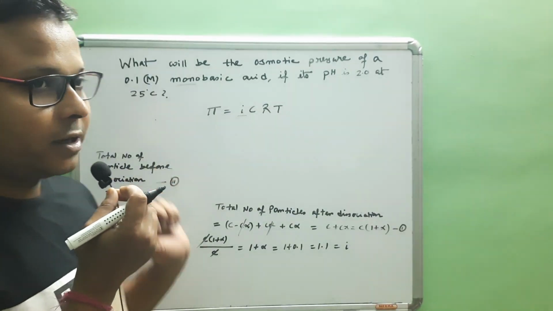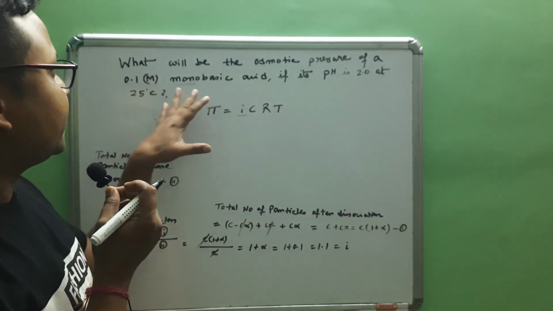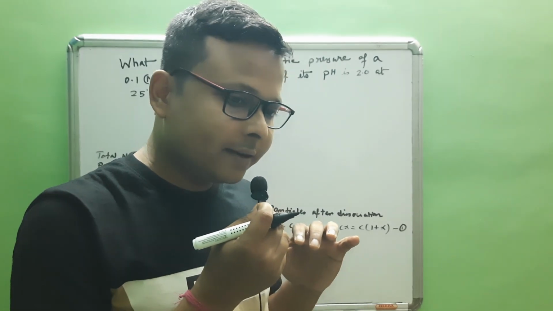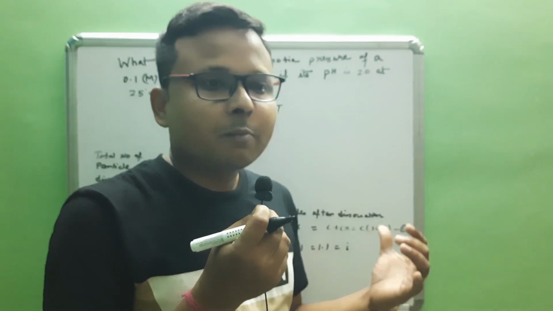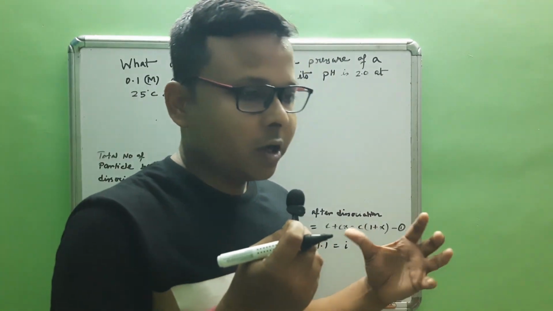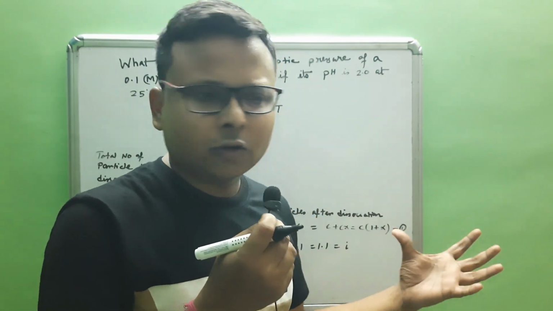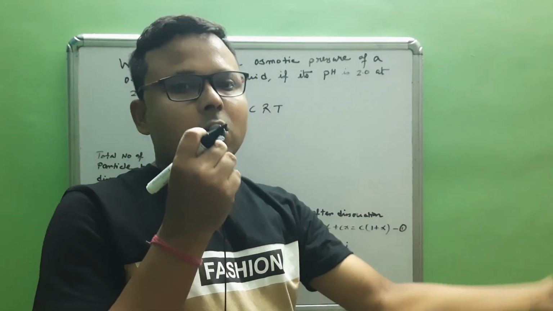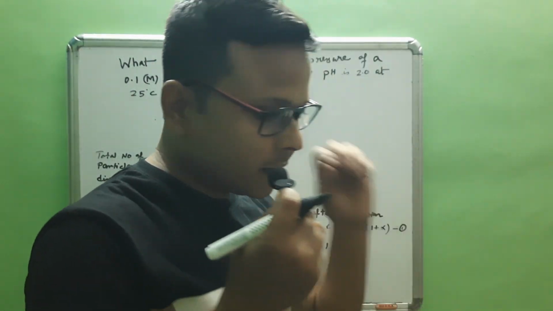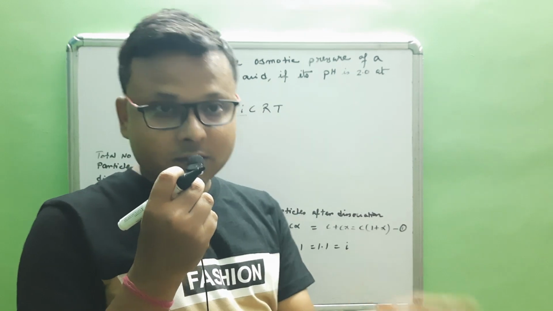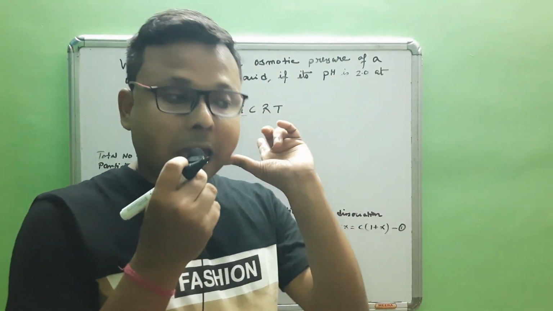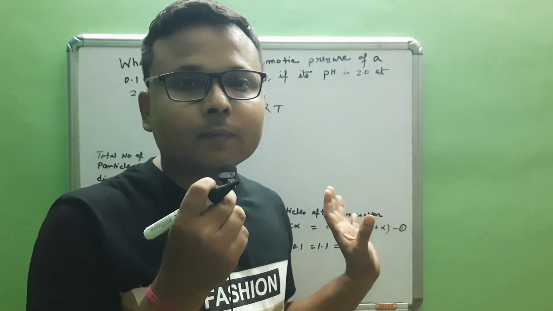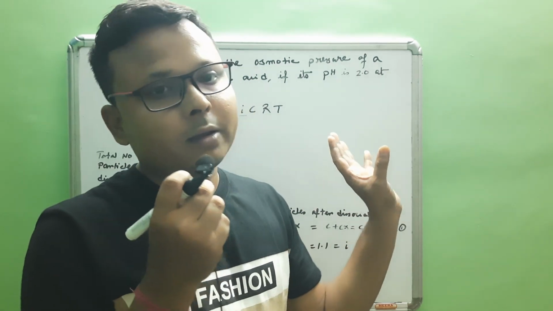Because the monobasic acid here is a weak electrolyte, so it gives partial dissociation. When dissociation or association of the solute occurs, whether weak or strong electrolyte, we have to take into account the Van't Hoff factor. Otherwise we don't need to.